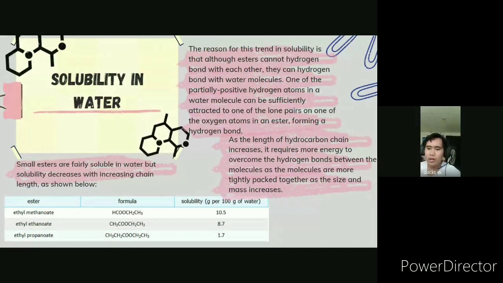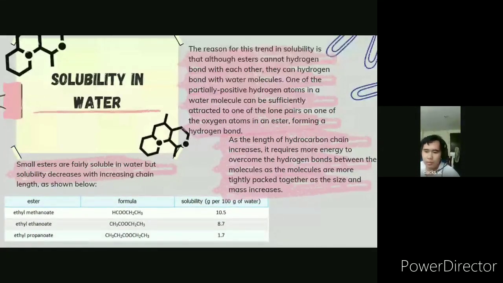As the length of the hydrocarbon chain increases, it requires more energy to overcome the hydrogen bonds between molecules, as the molecules are more tightly packed as the size and mass increase. What this means is that esters are fairly soluble in water, but solubility decreases with increasing chain length as shown below.